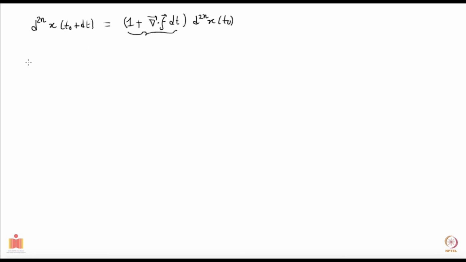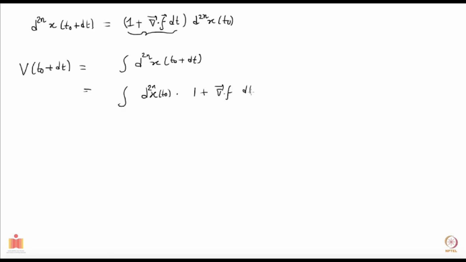Now let's look at the volume. So the volume at t naught plus dt is just obtained by integrating all the differential volume elements. Okay, and this, as we have determined, is just d2nx at t naught, and then you have your Jacobian, which is 1 plus divergence of f times dt.